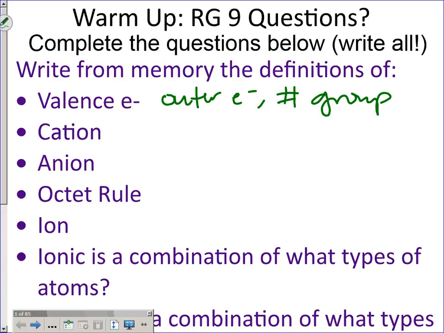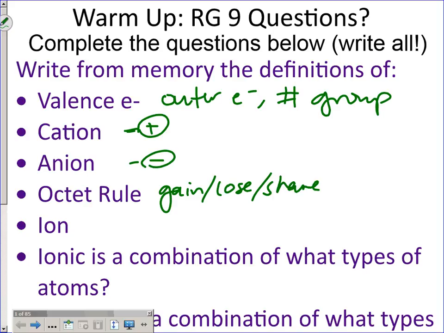Cations are what kind of charges? Positive. Anions are negative. Okay, you're making sure you're checking yourself as you go. What's the octet rule, John? Okay, so you're going to either gain or lose or share enough electrons to get 8 valence electrons in your outer shell, right?